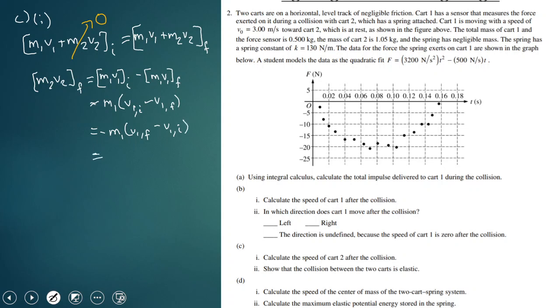And so we know that m1 times the v1 final minus v1 initial, so m times delta v is delta p. So this is just our impulse that we calculated, except now it's negative impulse because of the negative sign in front. And so what we know is that v2 final is equal to negative impulse over m2, which is equal to 2.03 divided by the mass that we were given of 1.05.